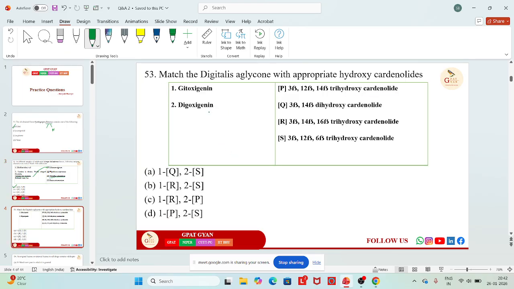Next one, again match of the following. Our today's session is full of match of the followings, and this is very important. Okay, this ring structure kind of questions, we have not seen before, so let's practice some today. Digitoxygenin and gitoxygenin.